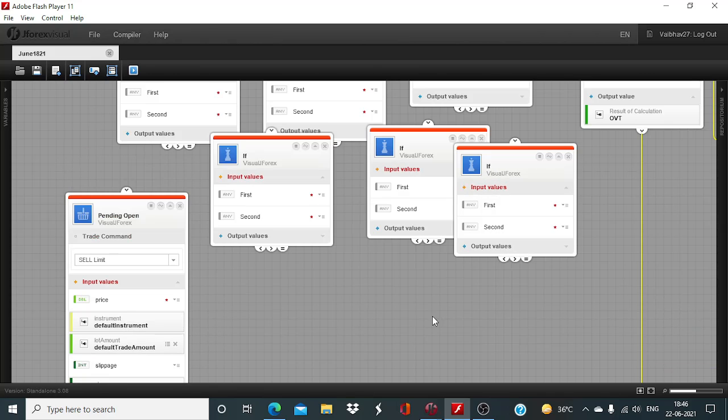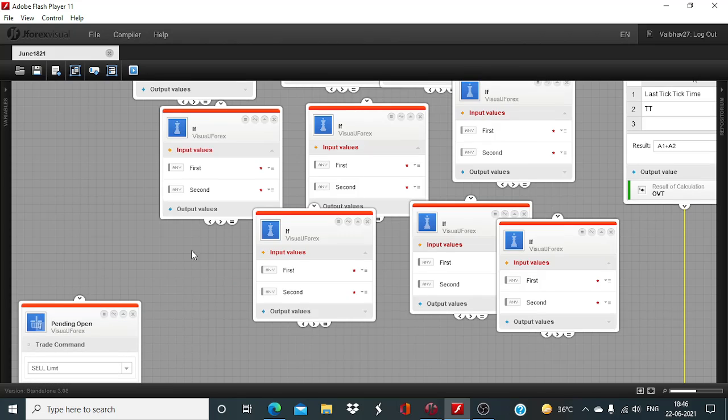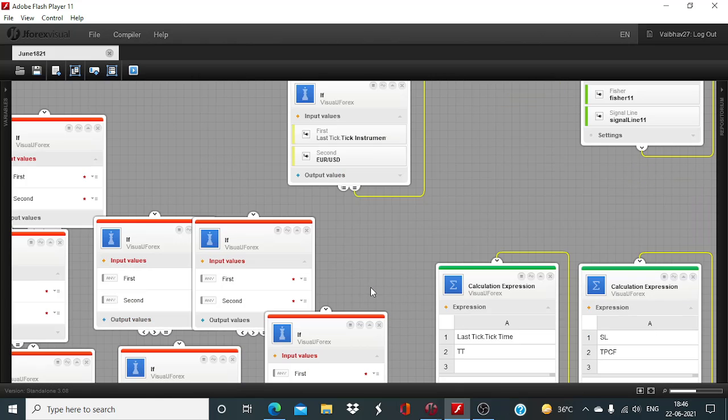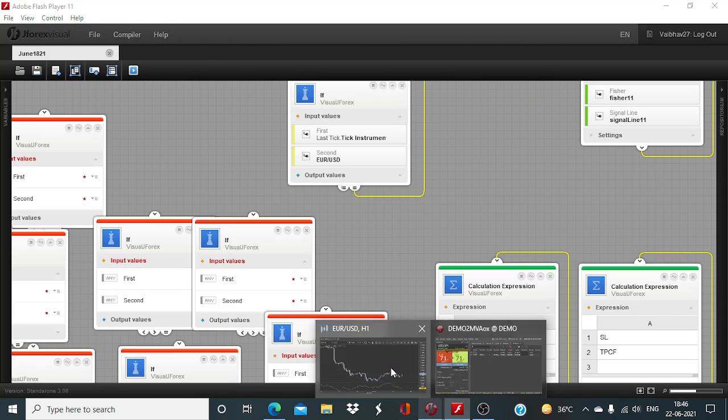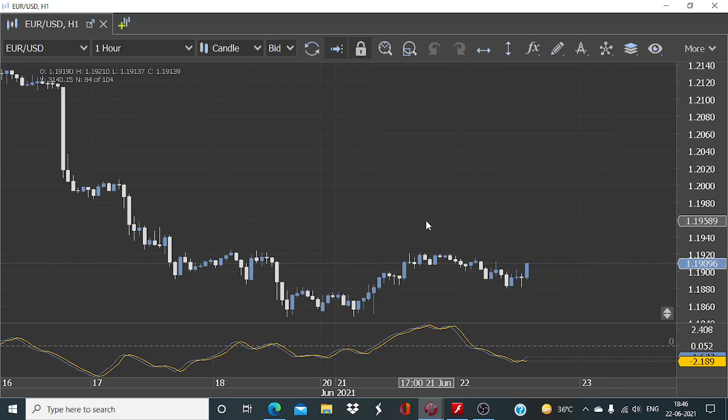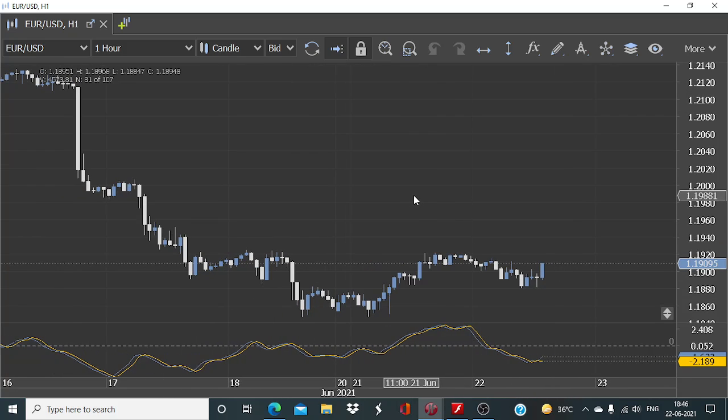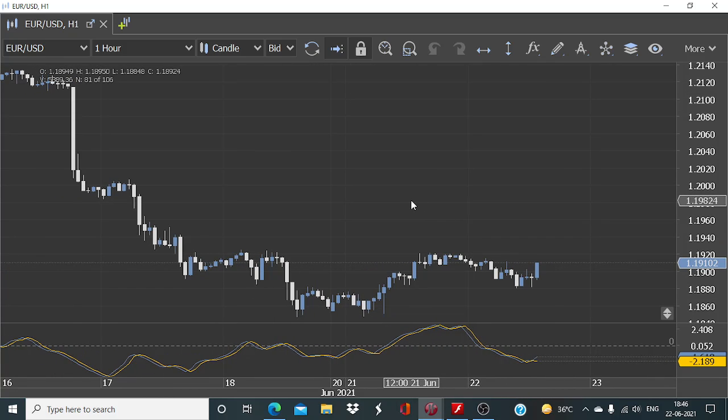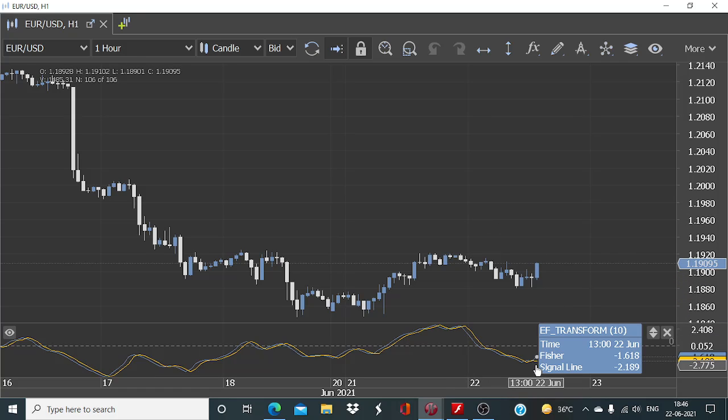So we leave it at that, and now I will give you a brief refresher of the logic behind the setup. For any sell trade to take place, we want the crossover to happen in last hour. By crossover, I mean the Fisher line should cross below the signal line, and that should have happened in last hour.